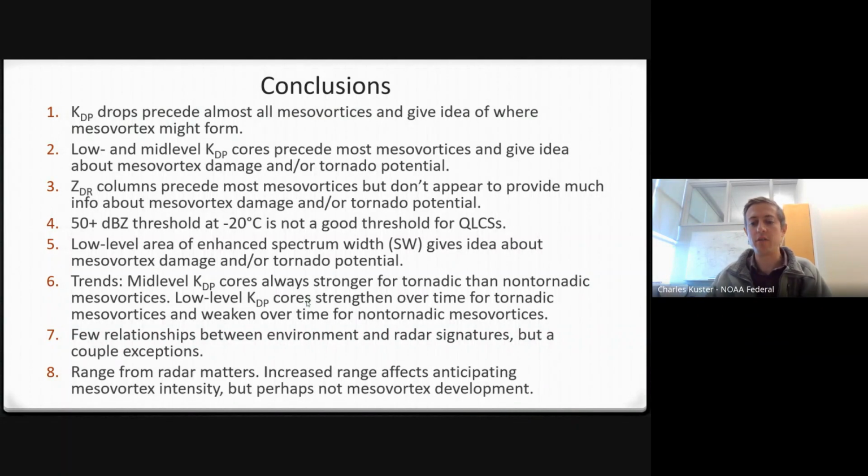The further away you get from the radar, it looks like there will be less utility in using the signatures to anticipate mesovortex intensity, but the radar signatures were still present with a lot of mesovortices regardless of the range. So now we're going to go into each one of these conclusions in a bit more detail.